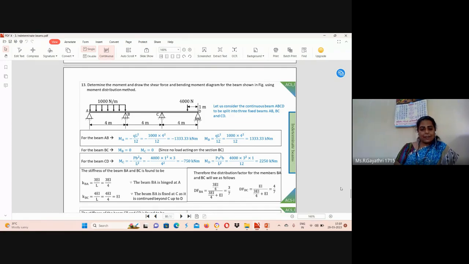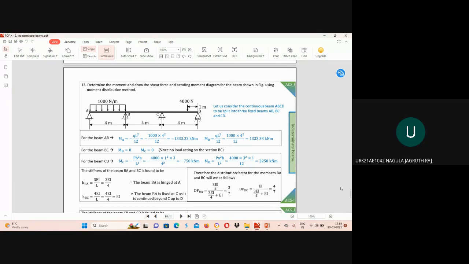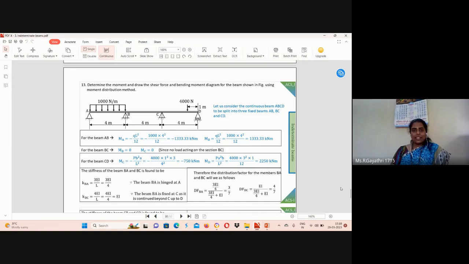After finding AAB, we can find XA bar. Here we can see uniform loading from support A to B. The XA bar formula is very simple: LAB by 2. Whenever you see a UDL, we can use this formula. Based on the support, you can change LAB to any name, LBC or LCD.